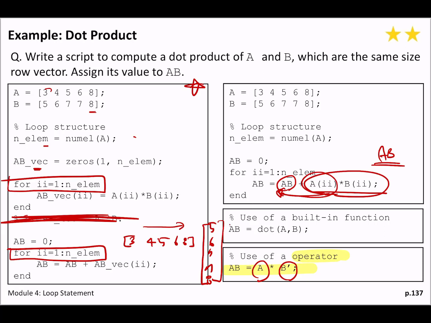So you do the element-wise multiplication and summation. That's the matrix multiplication, right? So with this operation, you will get the same AB. These two topics, built-in function and operator, will be studied in the next two modules.